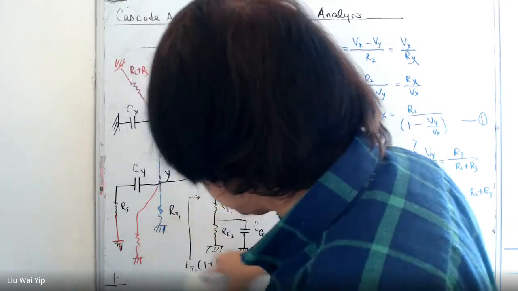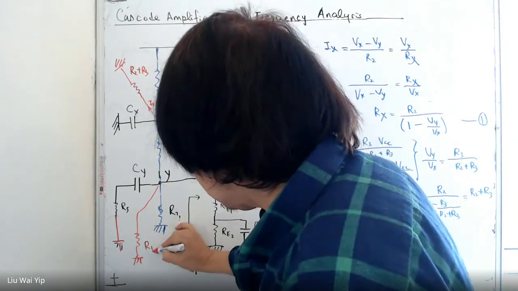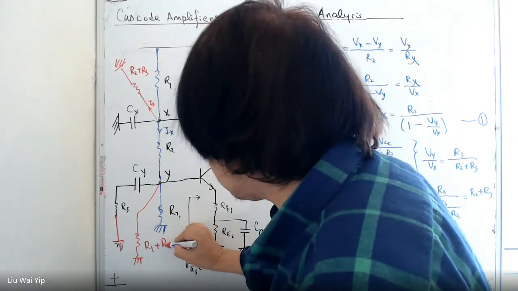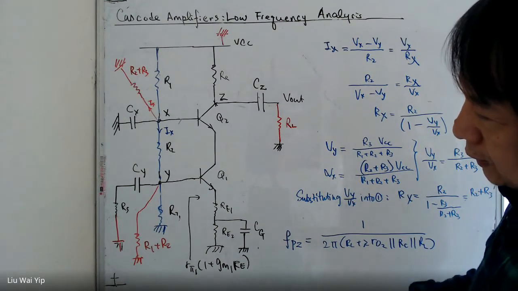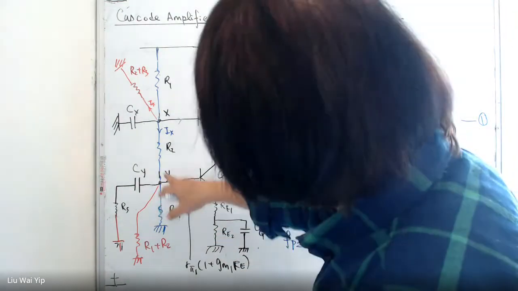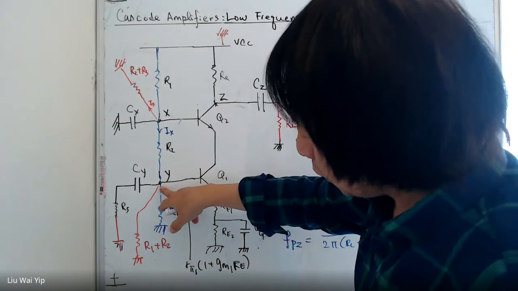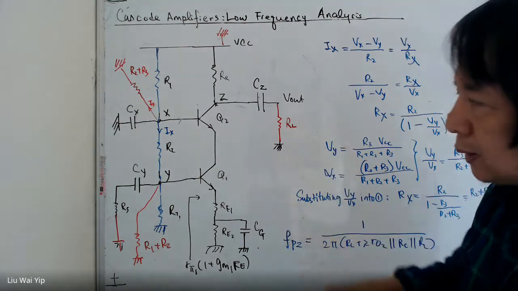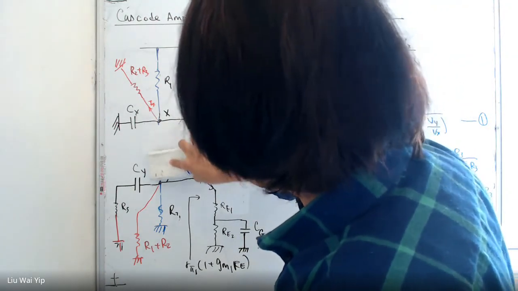So this one is going to be R1 plus R2. The reason is if you apply the mirror effect again for this node, you will end up with the same result. So now this network is gone.